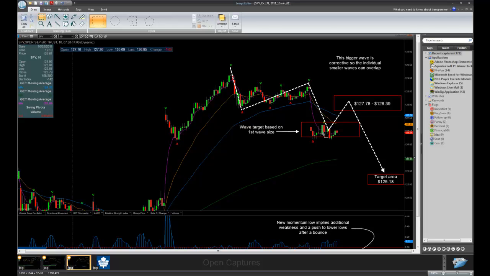So after the morning was basically over Eastern time, I looked at the levels I could expect for these waves to unfold, and lo and behold, when you measure the first wave, price came right into that target zone. So that was pretty much on schedule.